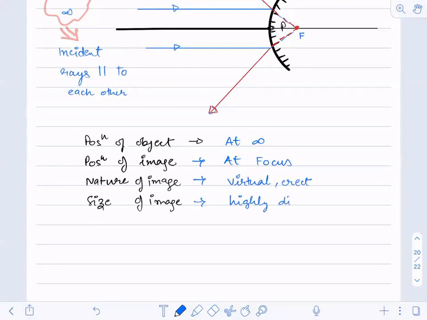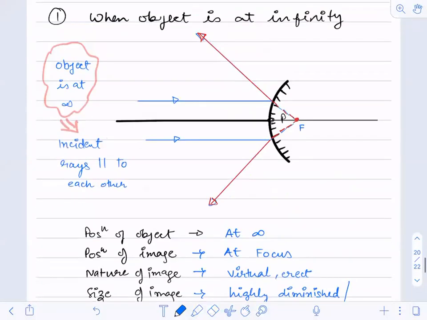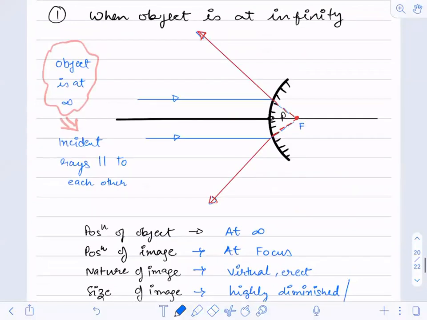For the objects at infinite, the images formed will be highly diminished. Point sized is another word that we write. Point sized or highly diminished, anything we can use. So this is when the object is kept at infinity.